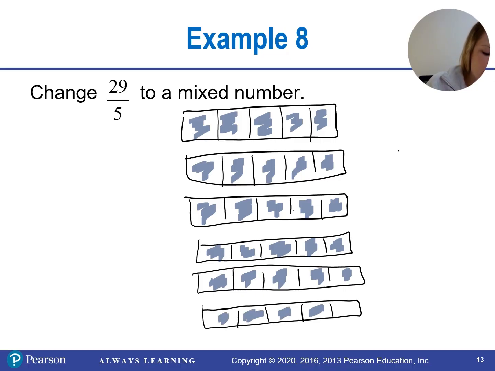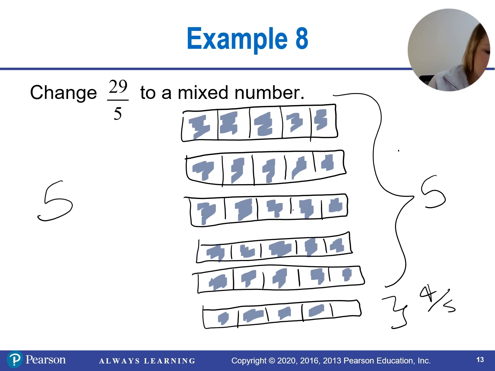So I can see that this is 5 wholes and 4 fifths, or 5 and 4 fifths.